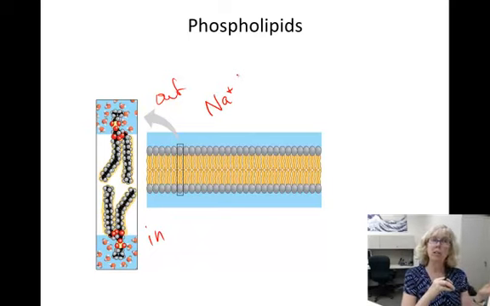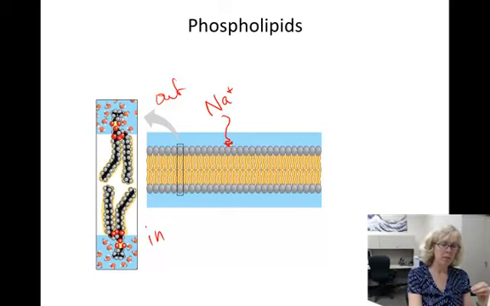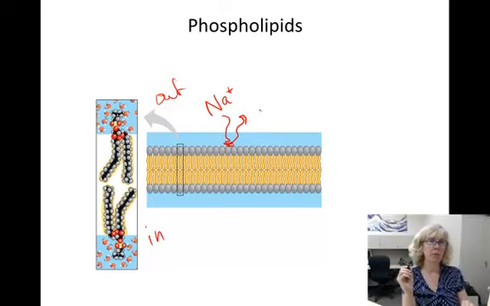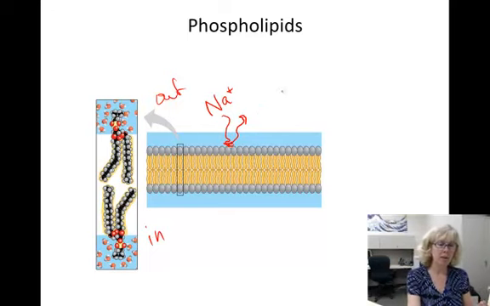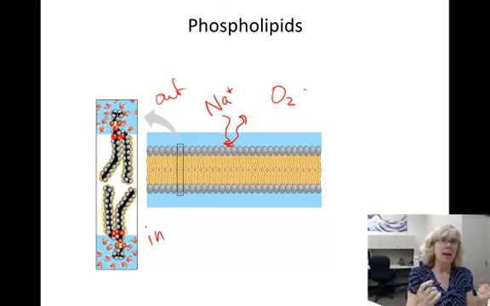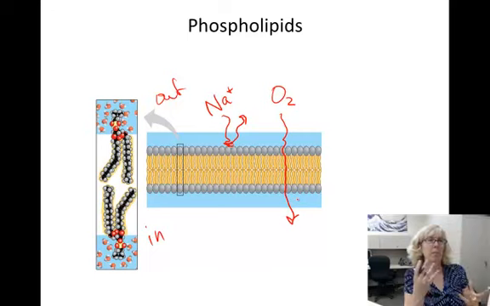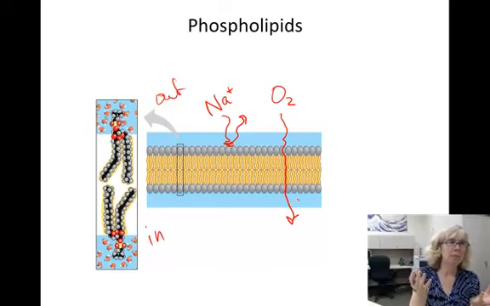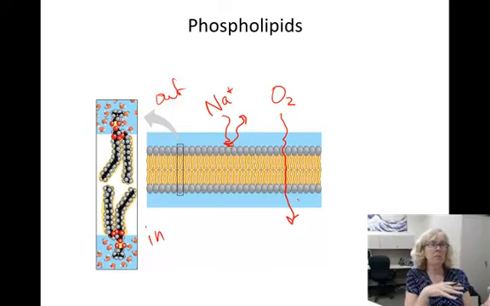They're more attracted to water than they are to the nonpolar part of the plasma membrane, and so they are not likely to diffuse through the center of the membrane. Oxygen gas, however, is a nonpolar molecule, and so it's relatively small and can pass through the membrane without much difficulty. Okay, so molecules can and can't cross the membrane depending upon their charge.